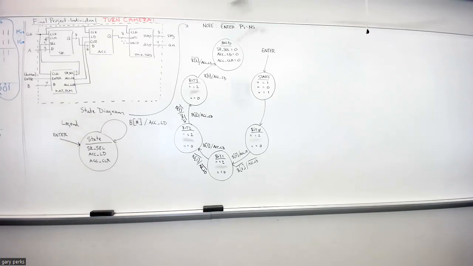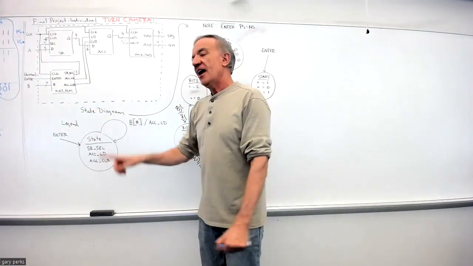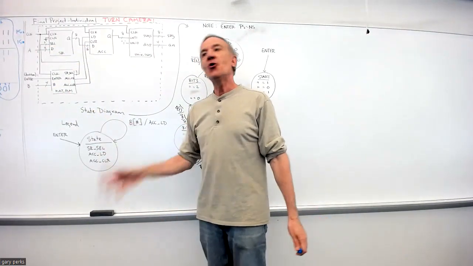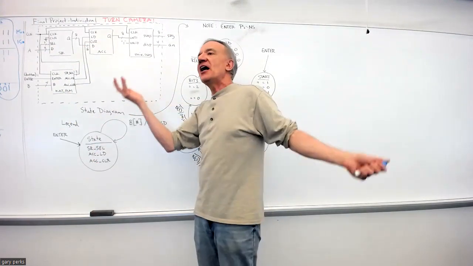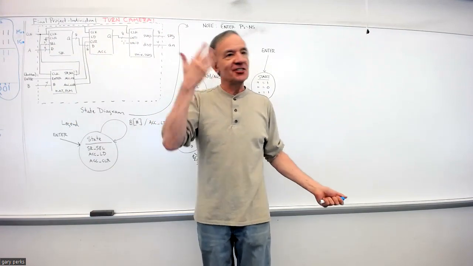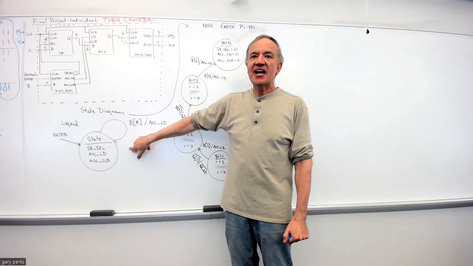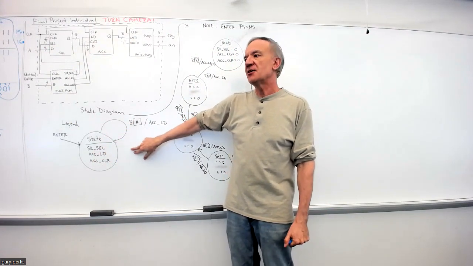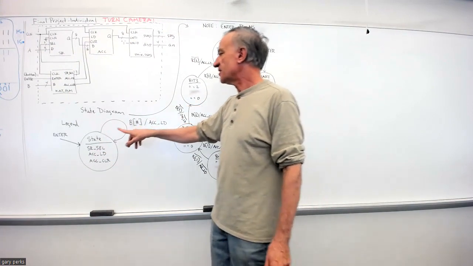I can't tell you how many times I've looked at what people submit for their final project, and they have a state diagram and no legend. If you don't have a legend, I don't know how to read that state diagram, and no one would know how to read it except you, because you have the legend in your head. So don't forget a legend in the state diagram that you turn in, because you lose a lot of points that way.